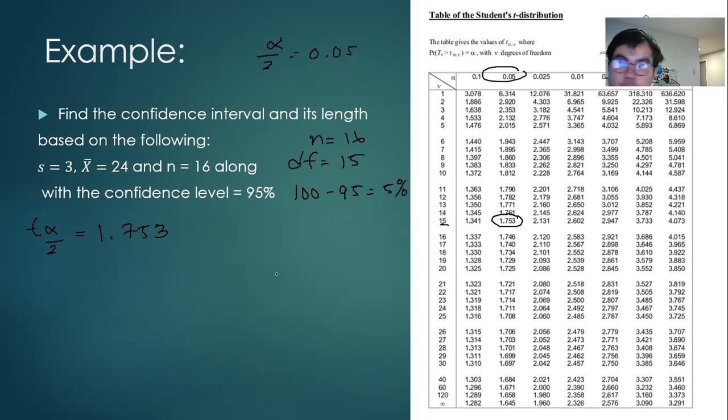Now we're going to find the margin of error. It will become 1.753 times 3 over the square root of 16, and the square root of 16 is 4.